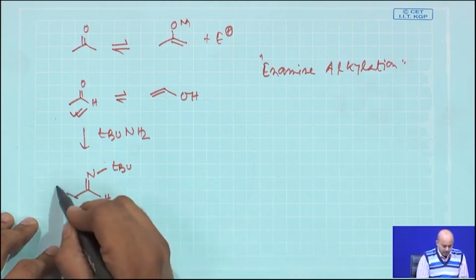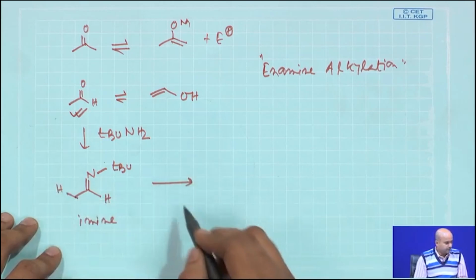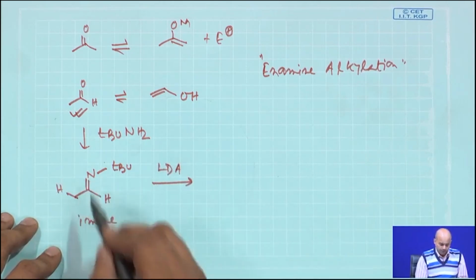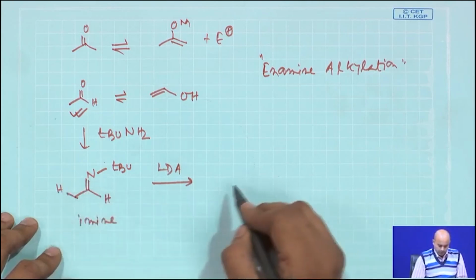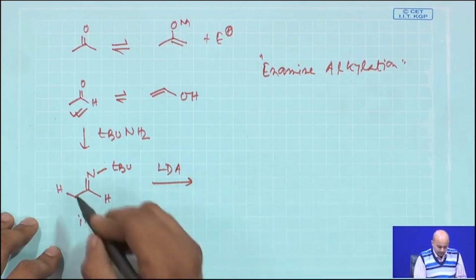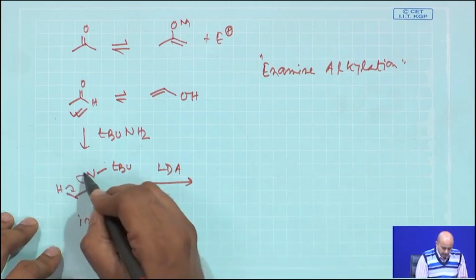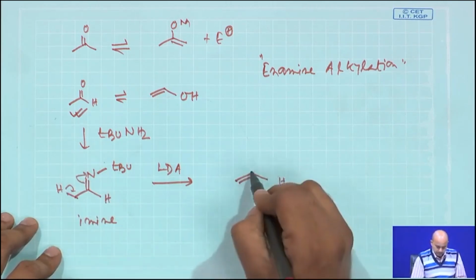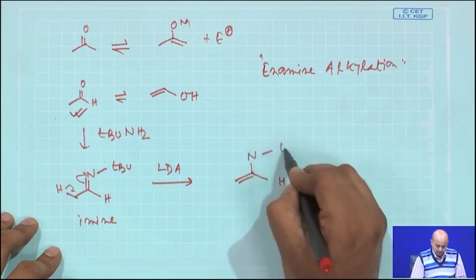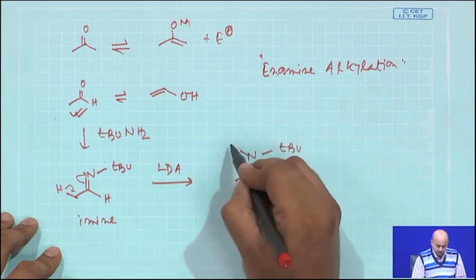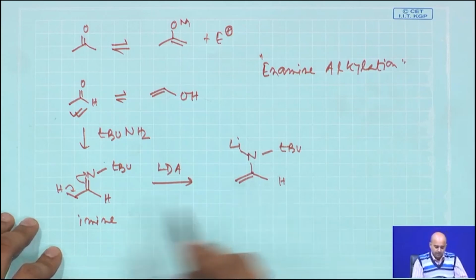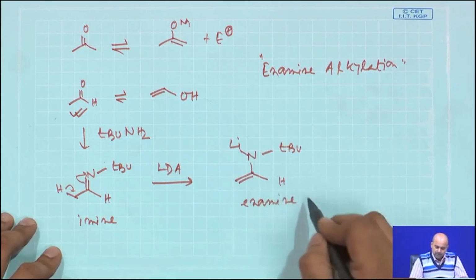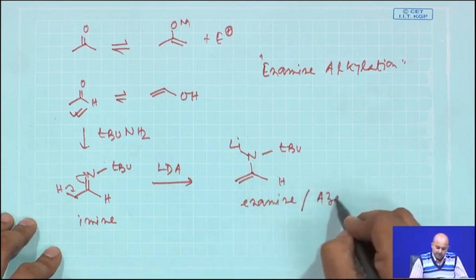Now, when you subject this imine to base, imines are basically equivalent to ketones, so this acidic hydrogen will be picked up, and this imine will be converted to an enamine. So, the imine is now converted to an enamine. Enamines are nothing but aza-enolates.